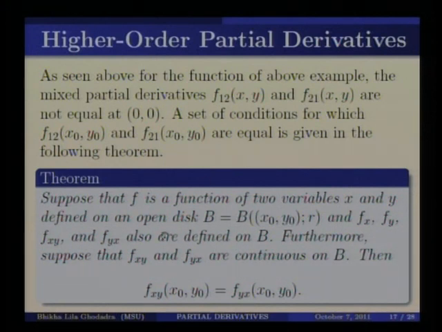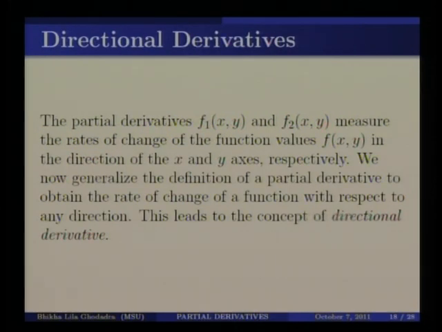Suppose that f is a function of two variables x and y defined on an open disk B((x0, y0), r), and fx, fy, fxy and fyx are also defined on B. Furthermore, suppose that fxy and fyx are continuous on B, then fxy at (x0, y0) is equal to fyx at (x0, y0). So provided these partial derivatives are continuous, they do become equal, and therefore it is immaterial whether we differentiate with respect to x first or with respect to y first.